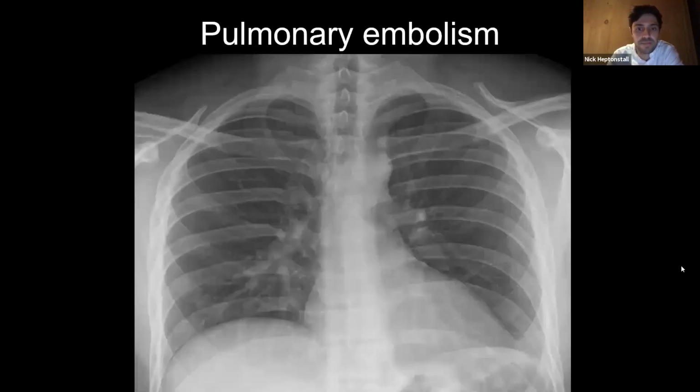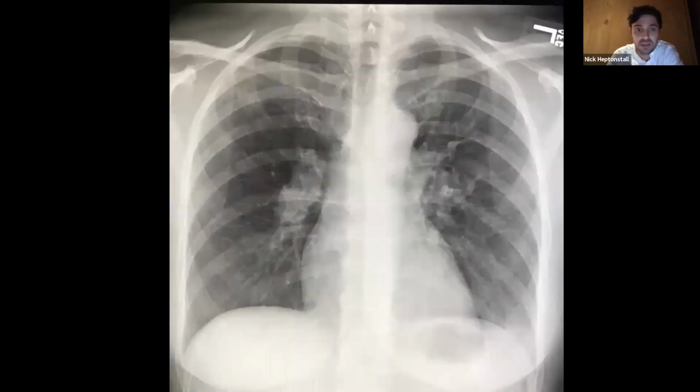So that's PE. In PE, typically the chest x-rays are normal. There are very rare occasions, just out of interest, that you can see changes of PEs on a chest x-ray. So here, there's an area in the right mid-zone where the pulmonary vasculature is hypoperfused.